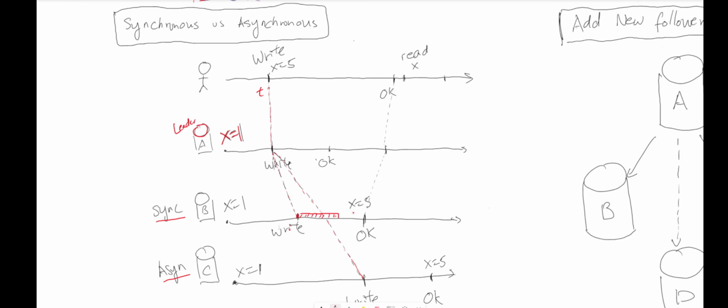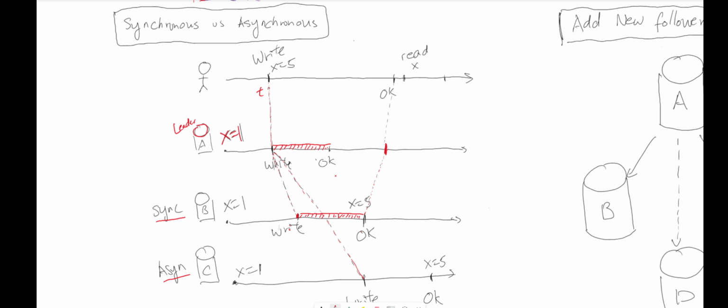Let's say it takes this much time. Once it's done, it says okay, it's completed, and it sends the response back to the leader. Let's say the leader receives the OK response somewhere here. And the leader itself has also completed this write request, and it took this much time.